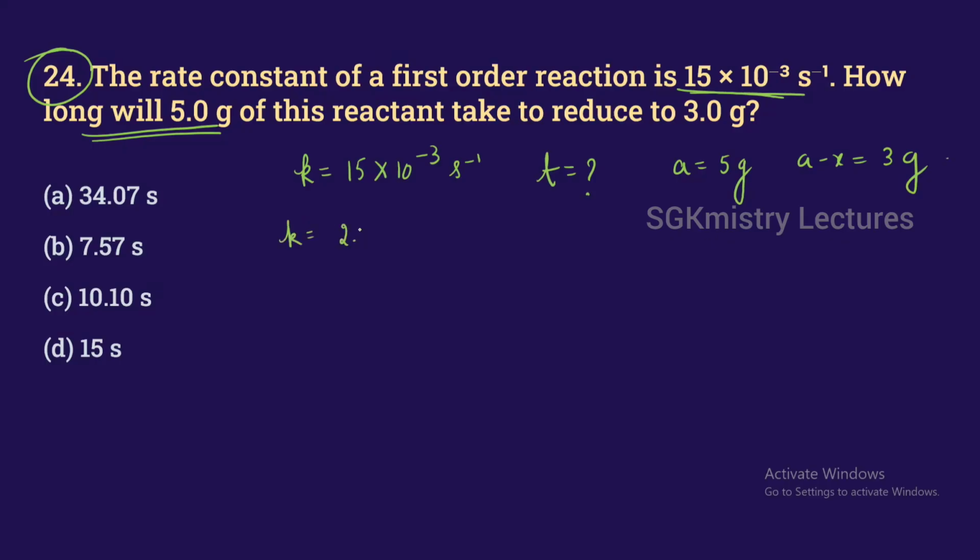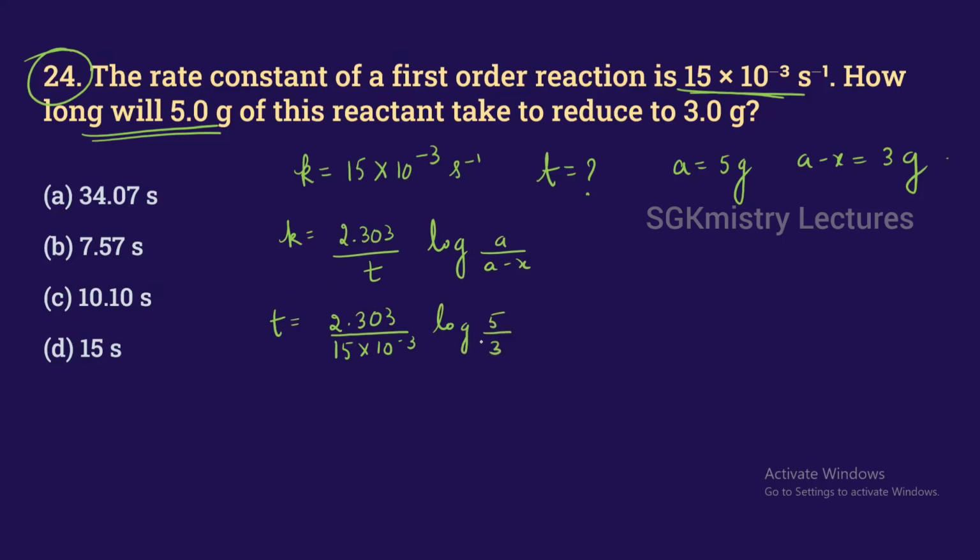K is equal to 2.303 by T log A by A minus X. K is given, but T has to be found out. So let me do the rearrangement. T equals 2.303 by K, K is 15 into 10 to the power of minus 3, log of 5 by 3.